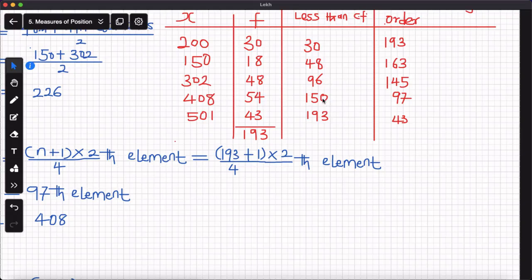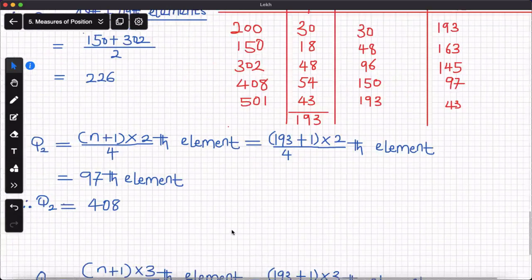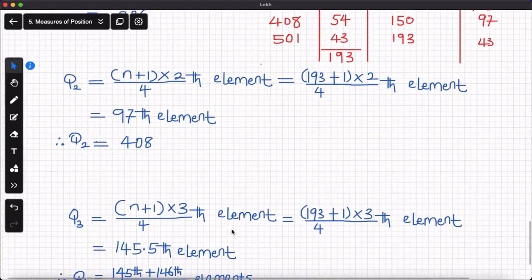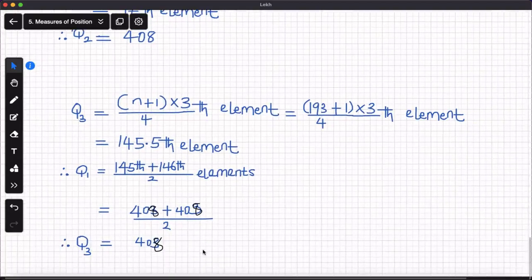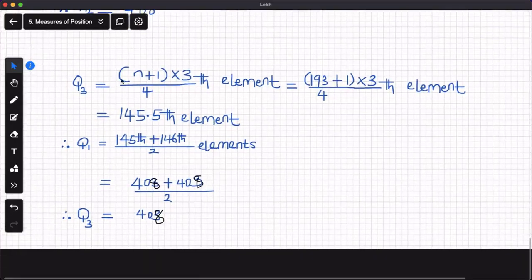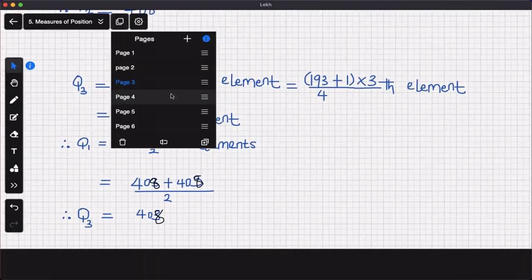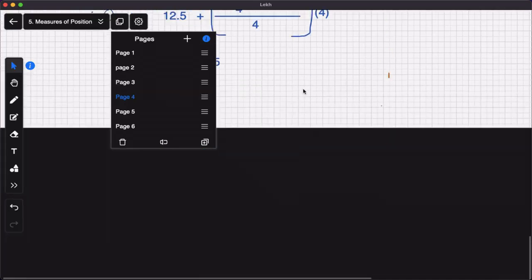So that means it will continue until it gets to position 150, before 501 takes over and we continue the journey. Then 408 plus 408 divided by 2 will be 408. So that's how you obtain your quartile.